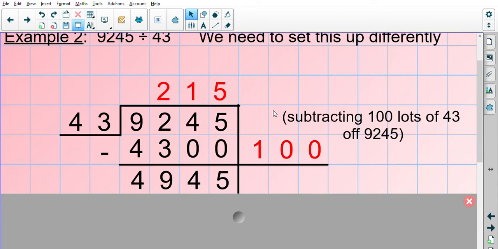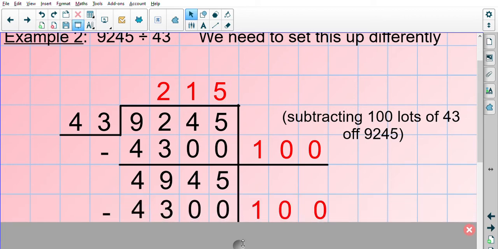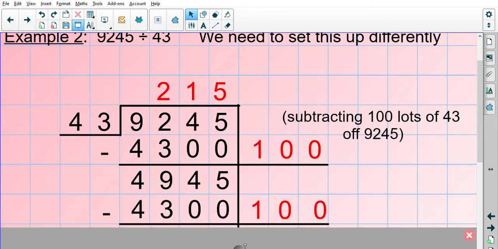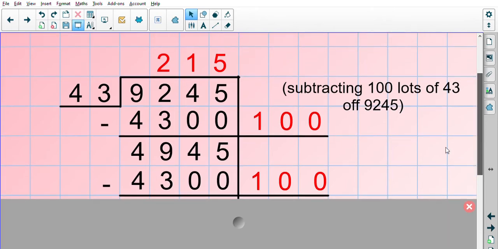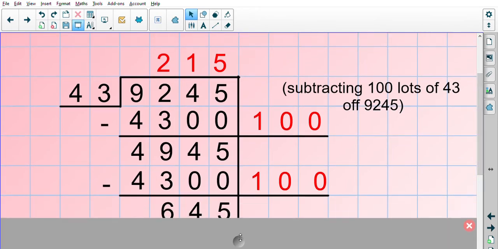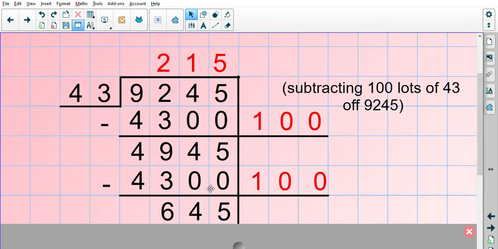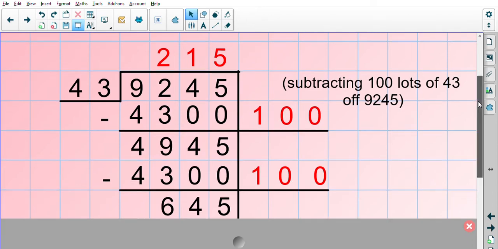I've got enough left to subtract another 4,300, 100 lots of 43. And I am now left with 645. So I've managed to get my number a lot smaller quicker by taking big chunks off. So far, I've actually removed 200 amounts of 43 from my question. That's what that means there.